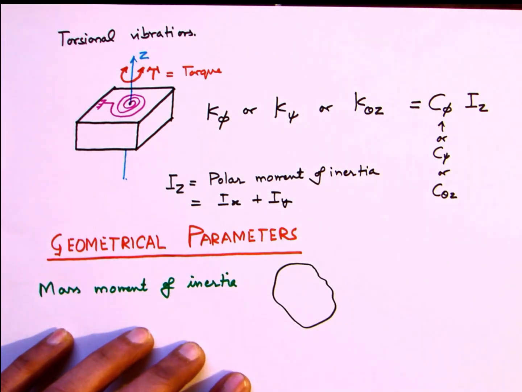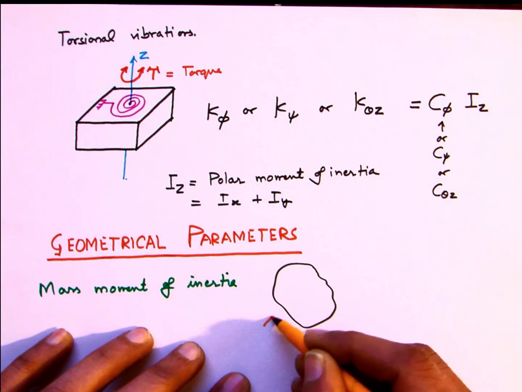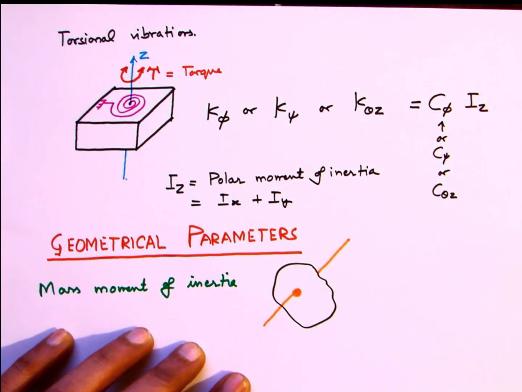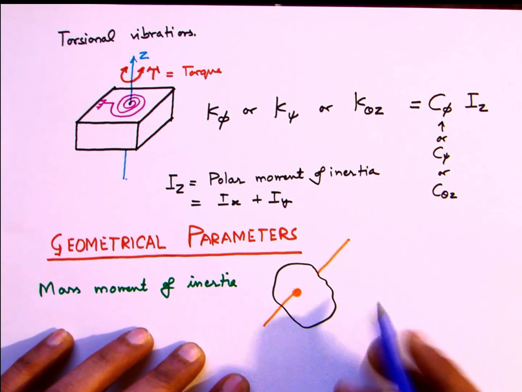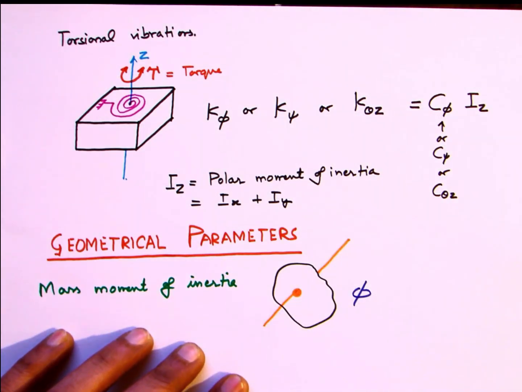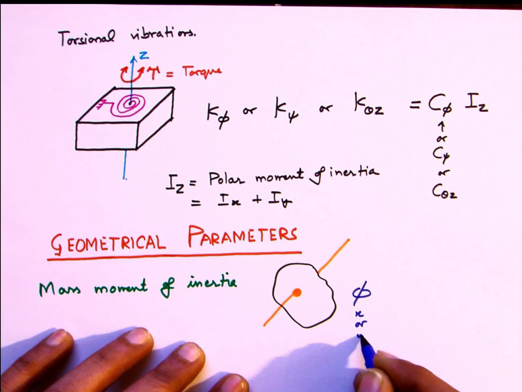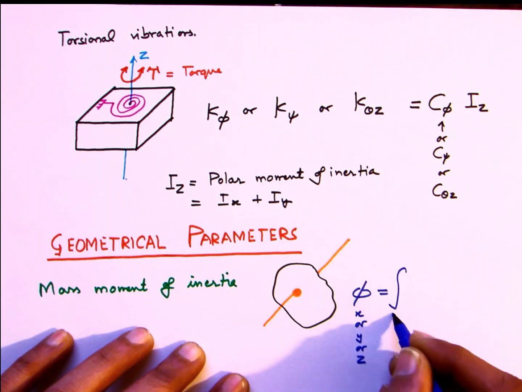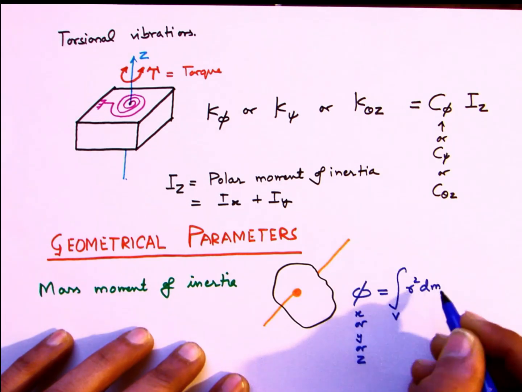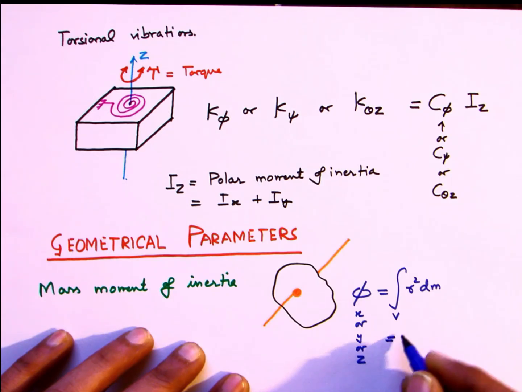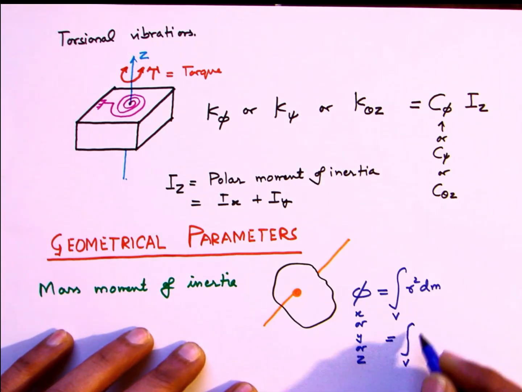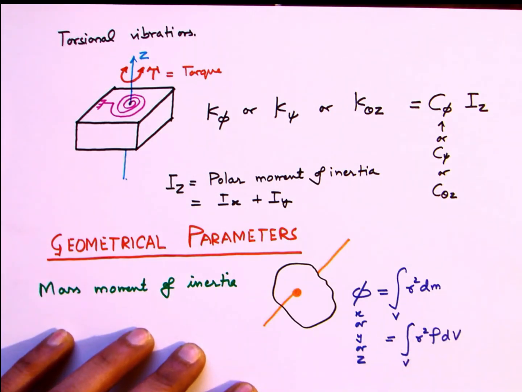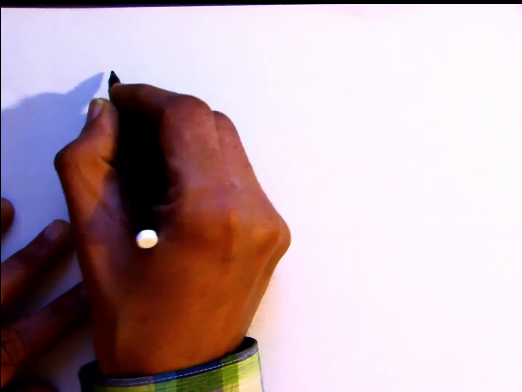In general, if we have a finite body and we have defined an axis about which we want to determine the mass moment of inertia, then the mass moment of inertia, which is represented by the symbol theta, with the corresponding axis, it could be theta x, theta y or theta z, is the volume integration of r square dm. Basically it's the volume integration of r square multiplied by density and the integration with respect to volume.